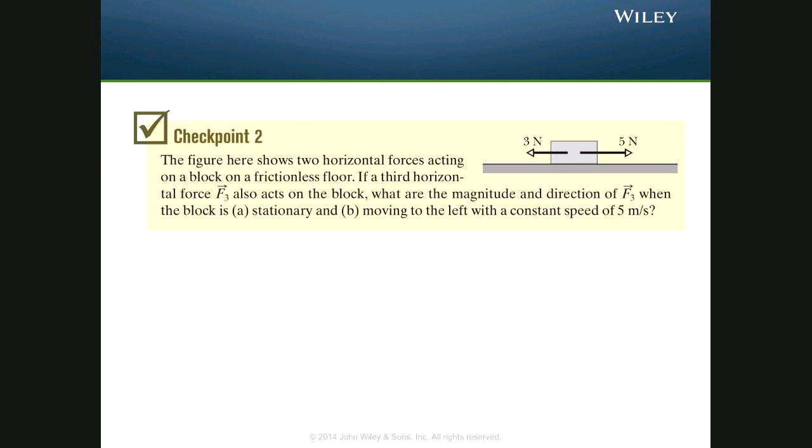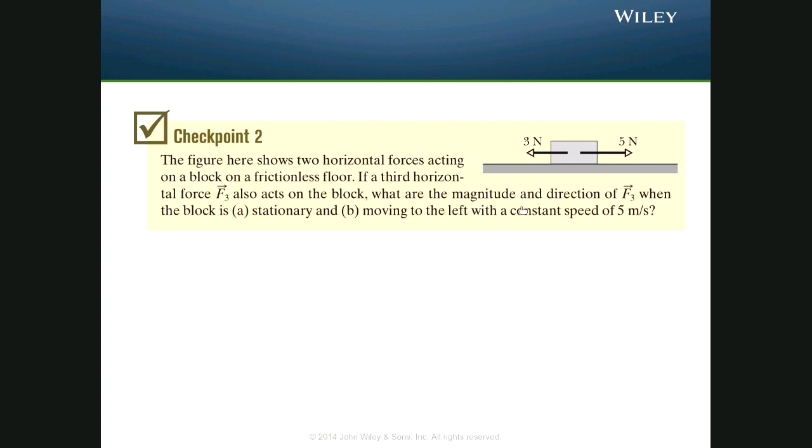We've got a checkpoint. It's always a good way to come off a break. We have a figure here that shows two horizontal forces acting on a block. If a third horizontal force also acts on the block, that means you've got to add a force to this diagram. What are the magnitude and direction of F3 when the block is stationary and then moving to the left?